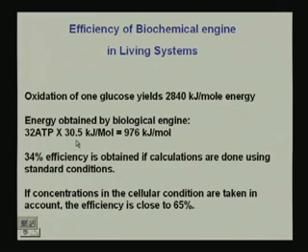And if we consider standard conditions, the efficiency that we are going to get is 34%, but the cellular conditions are such that it gives us an efficiency close to 65%. So, this is considering the energetics of our system with the breakdown of glucose.